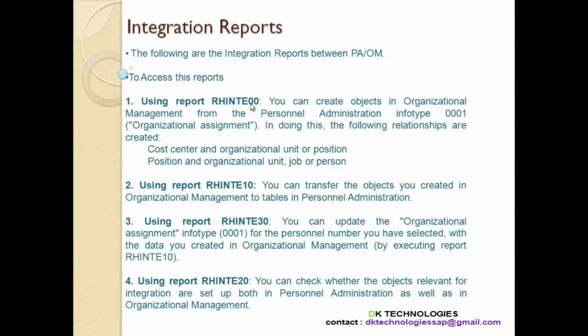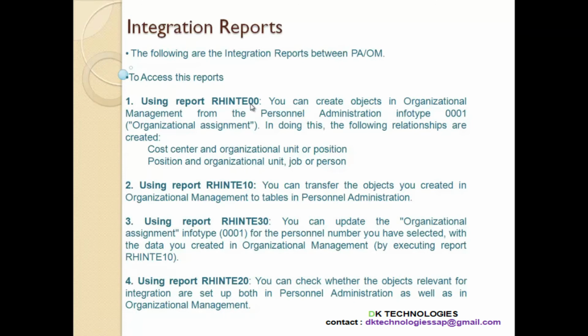This is the only report which is used to create the objects in OM from PA. So this is a reverse order. Like in infotype 1, for example, you have created employee group, employee subgroup, personal area, and subarea, and in PA you can also create positions, jobs, or units. Sometimes a company implements OM if they want to utilize all the functionality, but sometimes they don't want to use OM and they can create positions, jobs, or units in PA.